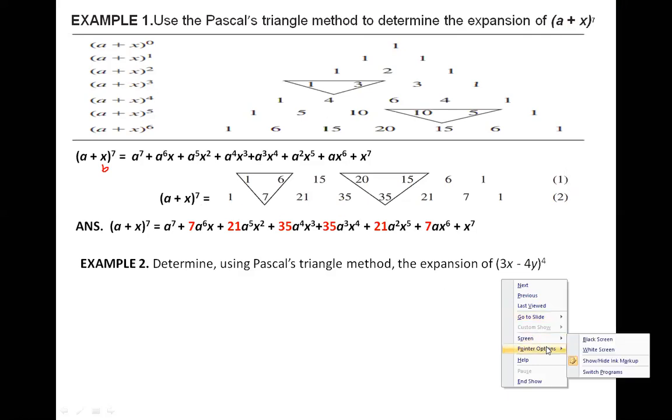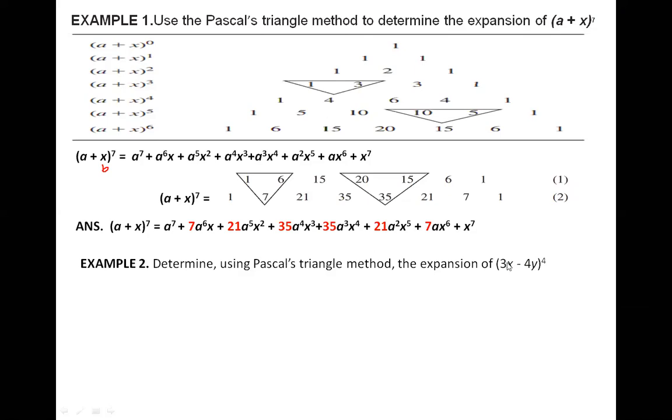So I was saying this 3x is going to be our A according to these expansions. So I've identified that my A is equal to 3x. And then I'll also identify which one is my B. So my B in this case is going to be negative 4y.